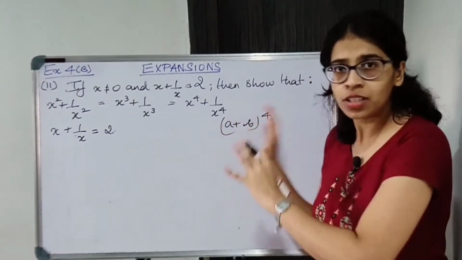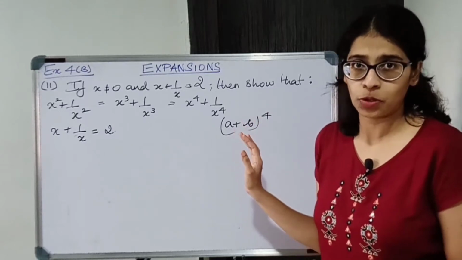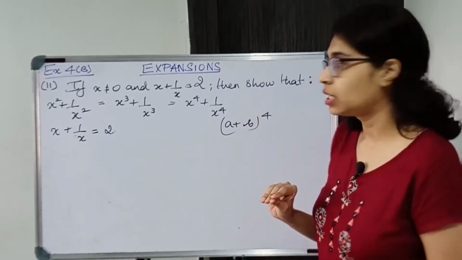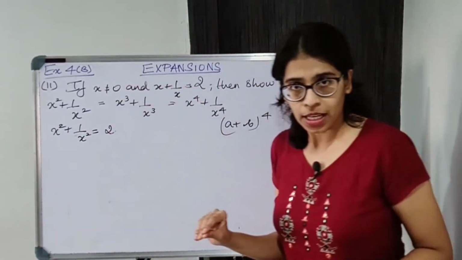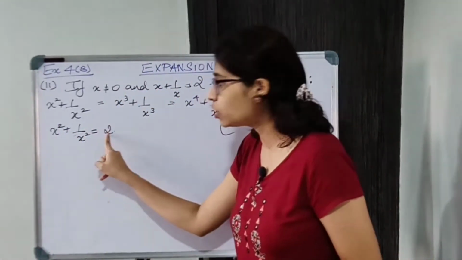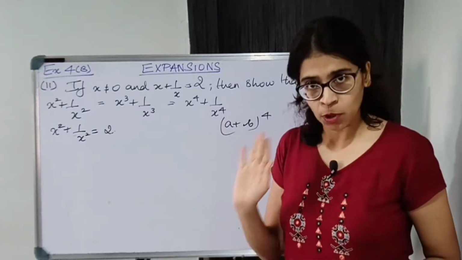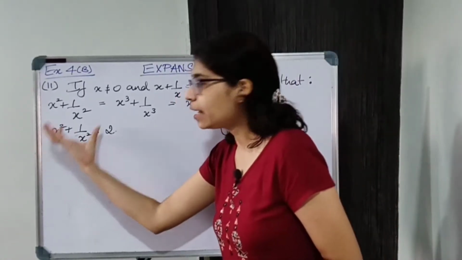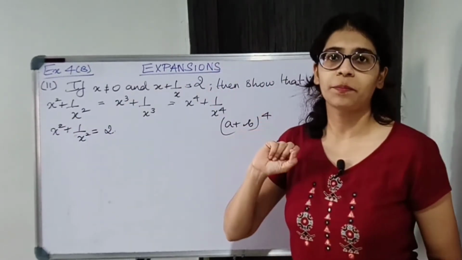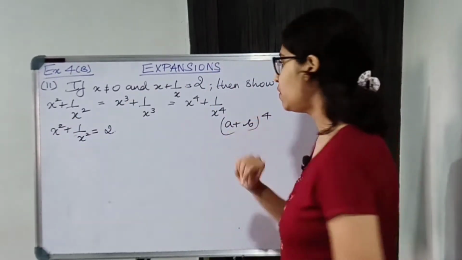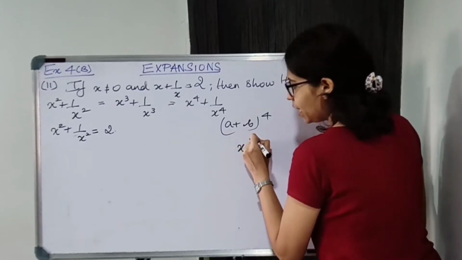We have not learnt an identity for a plus b raised to 4. So what we will do: x square plus 1 upon x square, we got the value for this, it is 2 only. We'll square this, put bracket square, because we will get x square.